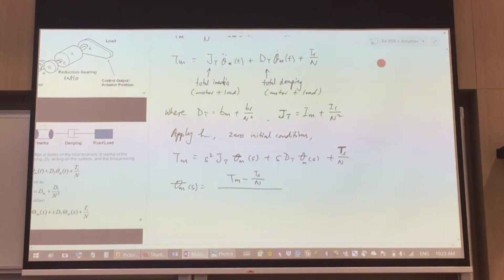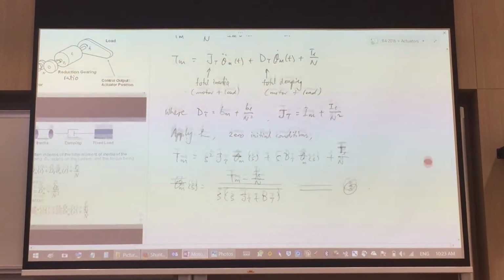And then the denominator s times (s Jt plus Dt). All these equations good.